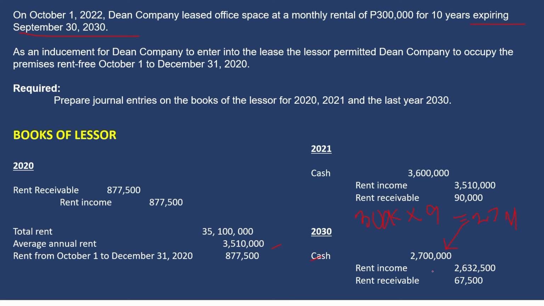So, imuhang rental income is 2,632,500. And then, credit also, rent receivable nga 67,500. Okay? So, that's it. Mao na ang entries sa perspective ni lessor for the year 2020, 2021, and 2030 of Dean Company.